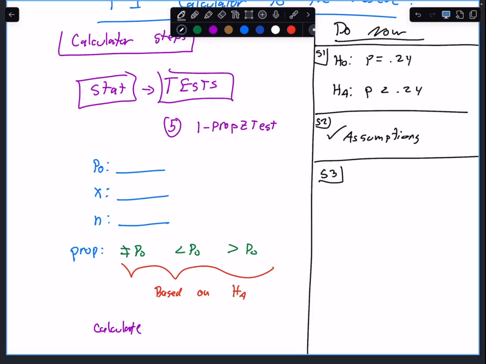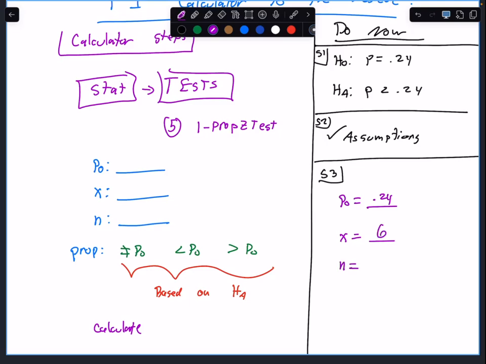All right, so my P0 is what? 0.24. My X is what? How many observed successes did I get? How many blue M&Ms were in my sample? 6.